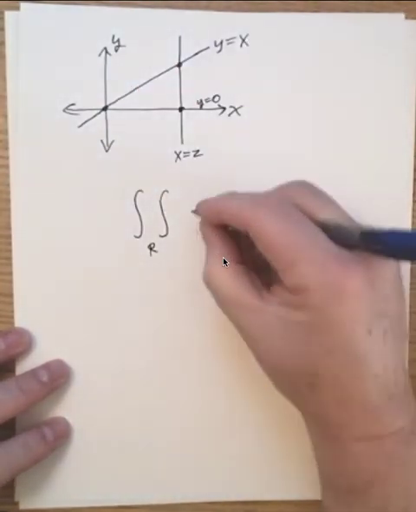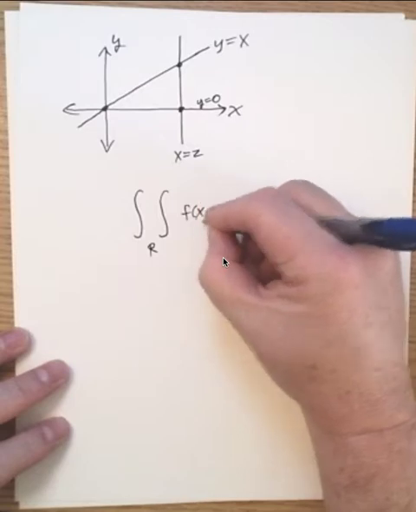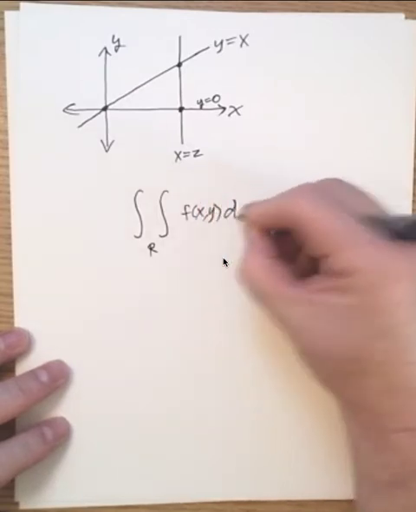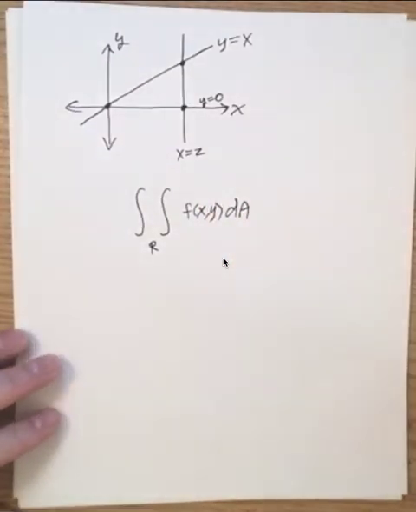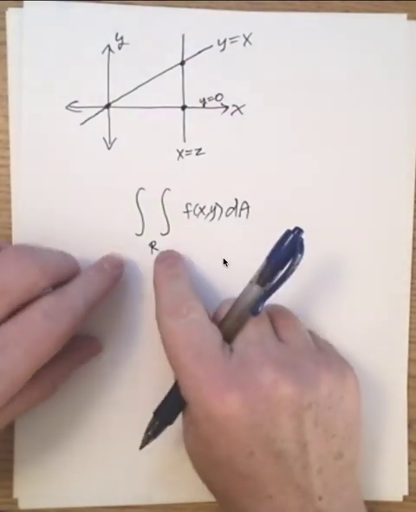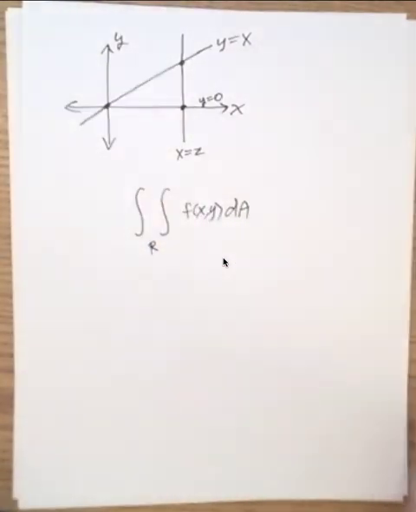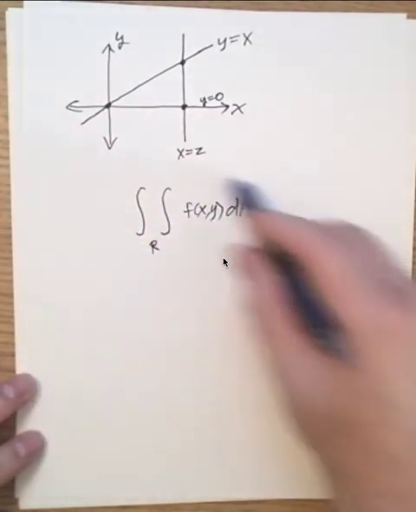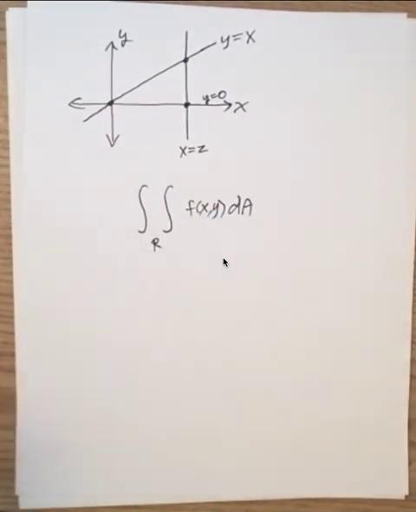F of x, y, which I said I'm not even going to give you, because I'm not interested in specific calculations. I'm making sure you guys can set up the limits of integration properly when you're dealing with something other than a rectangle, which is always easy. Because if you can't set it up properly, nothing else matters. You pretty much shot the problem.